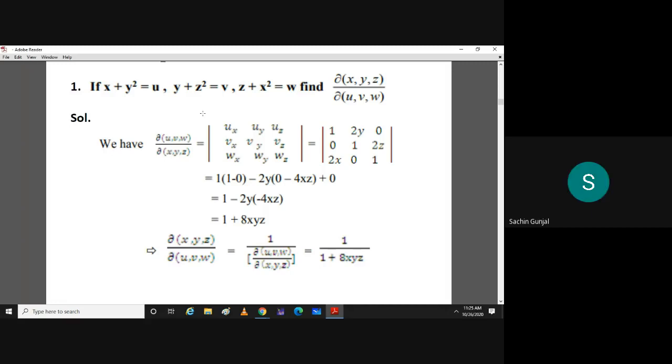Tell me x in terms of uvw. x is equal to u minus y square. No, y square is there. You need to eliminate y. Oh, that way it would have been harder. Okay, I got it. Yes, good.